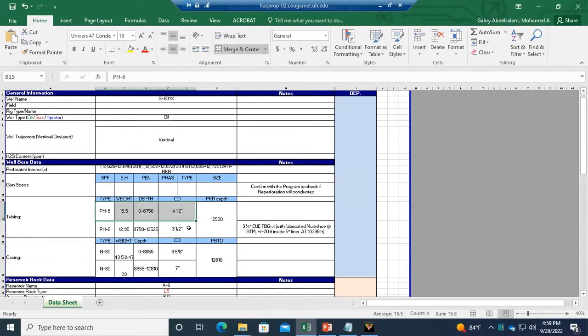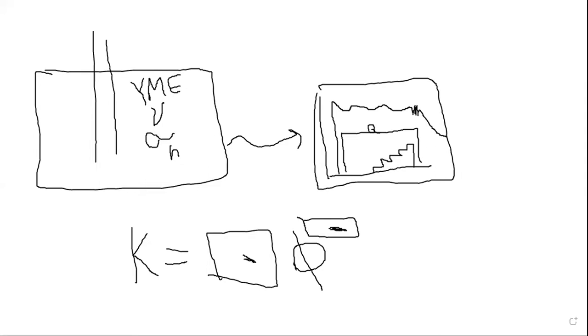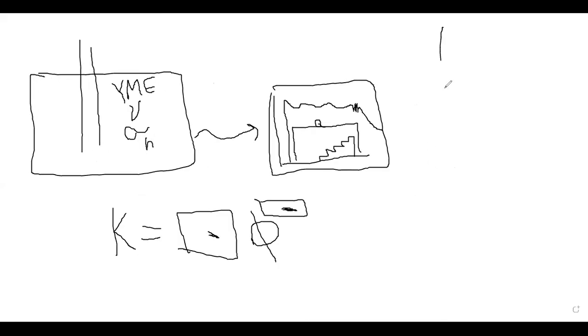Oh, okay. So 8,750. Okay, so let's open our well. We have 9-5/8 casing till 8,555.